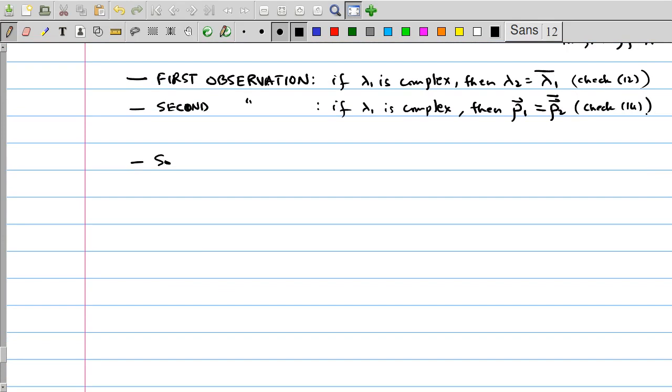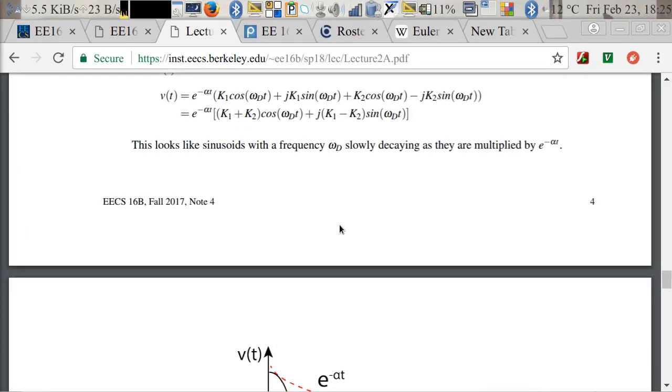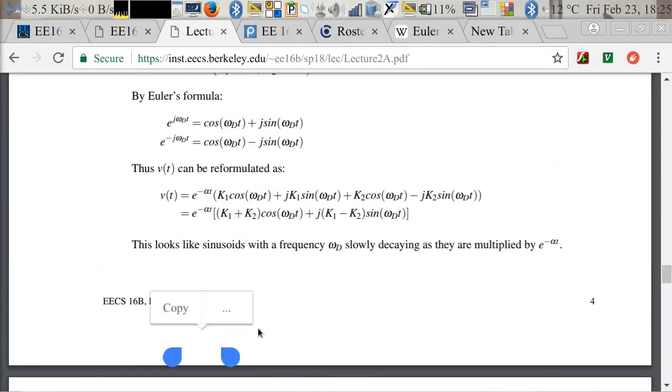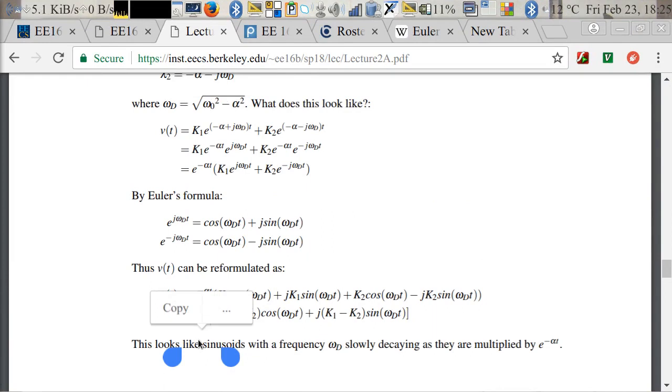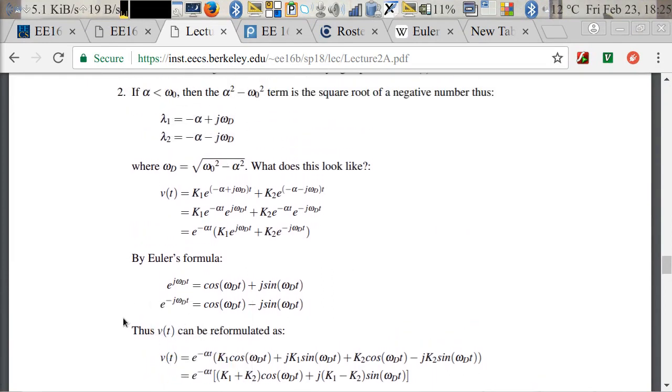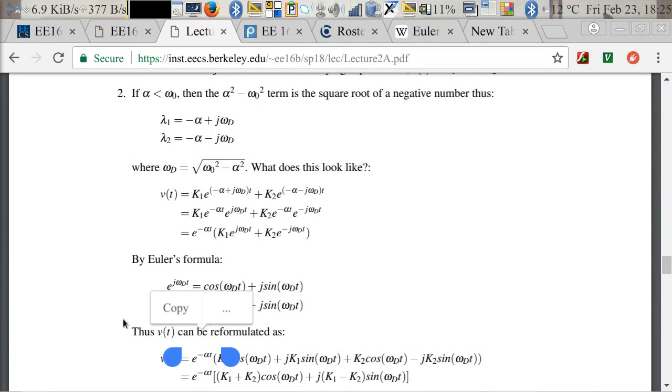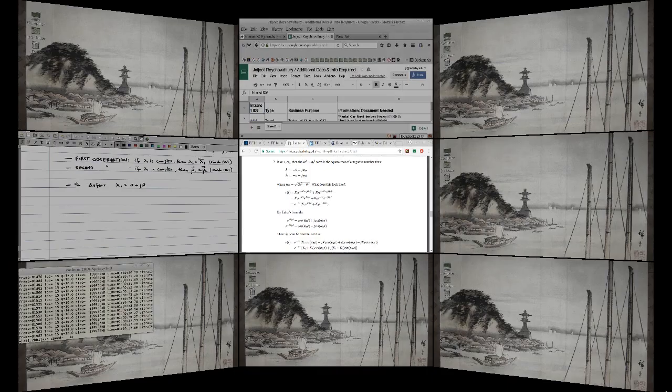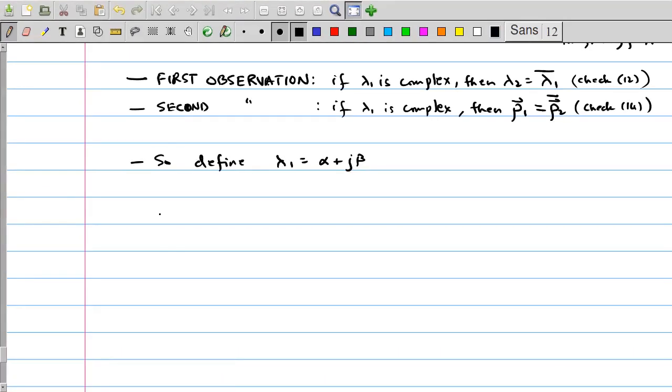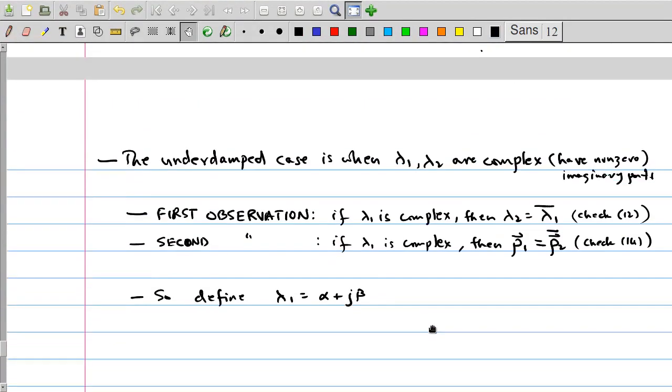So define lambda 1 equal to alpha plus j beta. These guys also have a beta, right? It can get royally confusing. The alpha is fine. Should I call it omega? It would be the same thing. Let's call it beta. I'm not sure whether that omega is the same as this. Okay, this is an important definition.